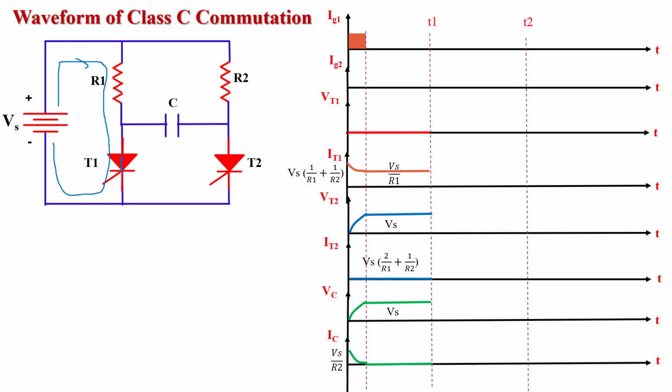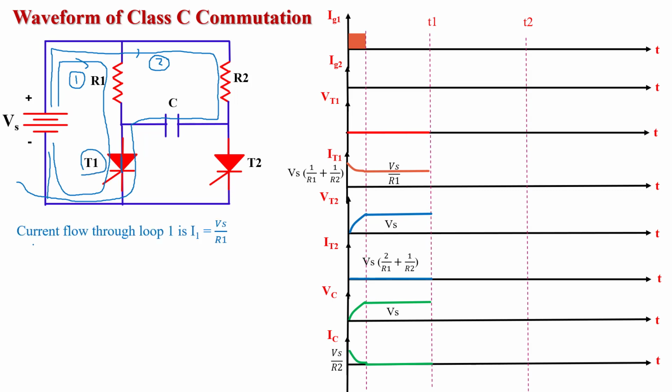This is the first loop through which current flows through T1. The second loop is supply voltage through R2 resistor, capacitor, T1 thyristor and supply voltage. This is loop 2.